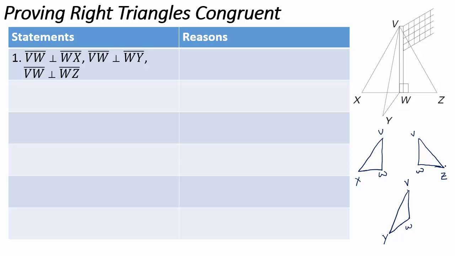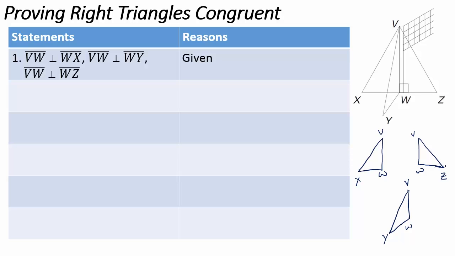I'm given that line segment VW is perpendicular to line segment WX, and line segment VW is perpendicular to line segment WY, and line segment VW is perpendicular to line segment WZ. That's a given.